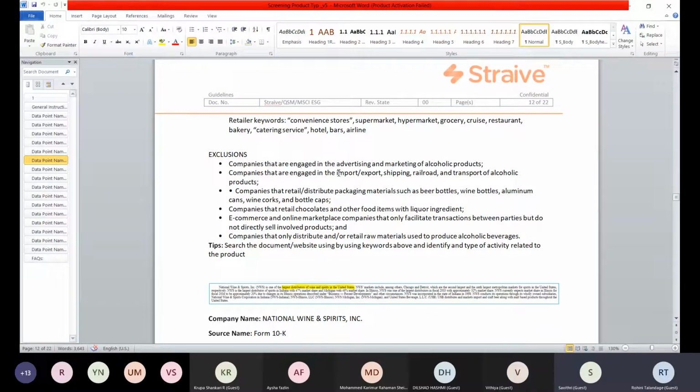In this case also we have to mark it as no. Now there is one more case, companies that retail or distribute packaging material. Packaging material is nothing but the bottles or cans. All these are packaging materials, so we cannot consider that as an alcohol retailer. So in this case also we can mark it as no. All these are the exclusions, in which case we have to mark it as no.